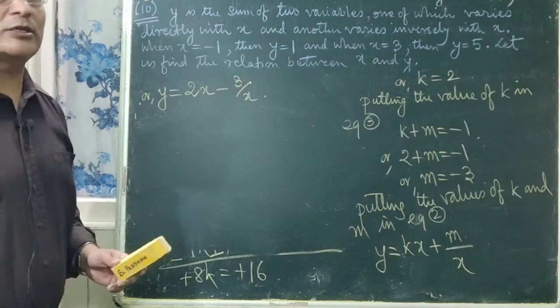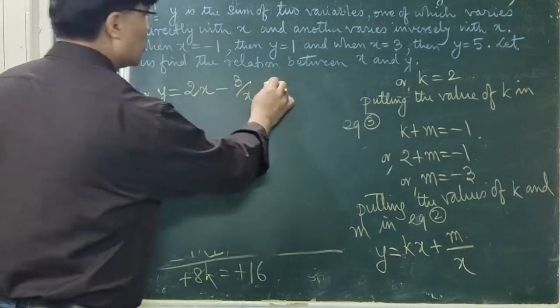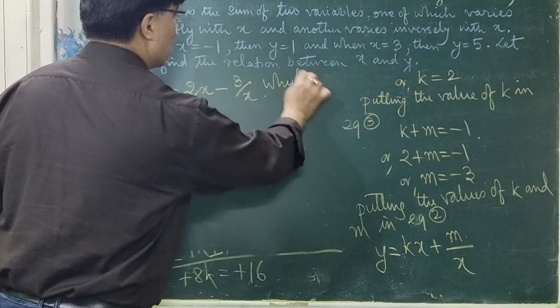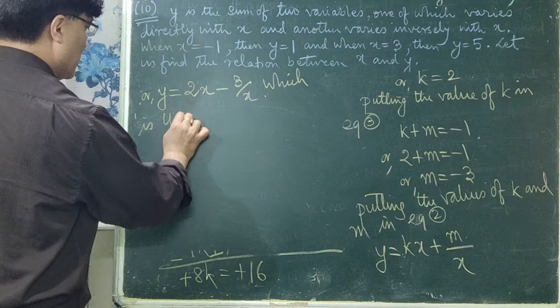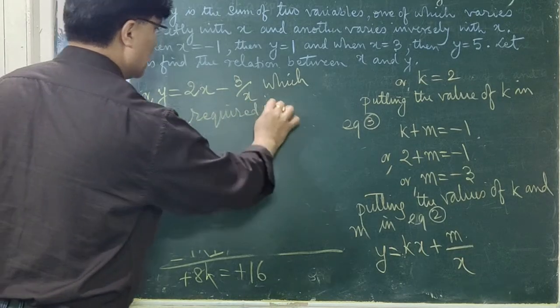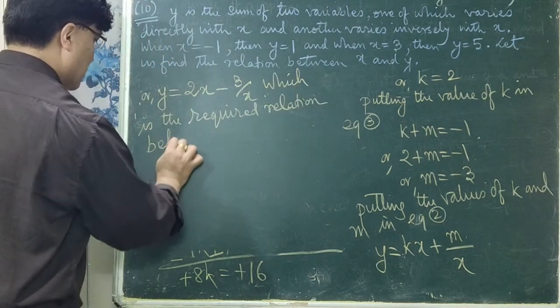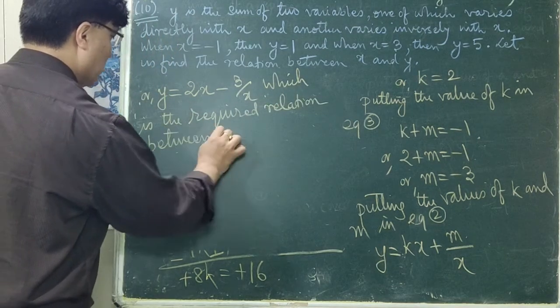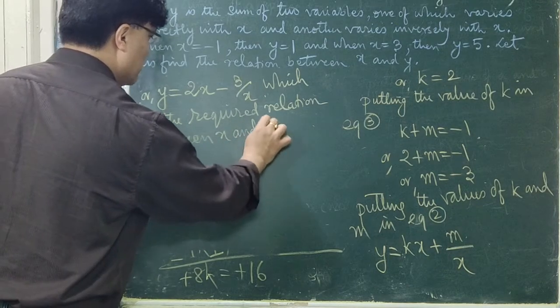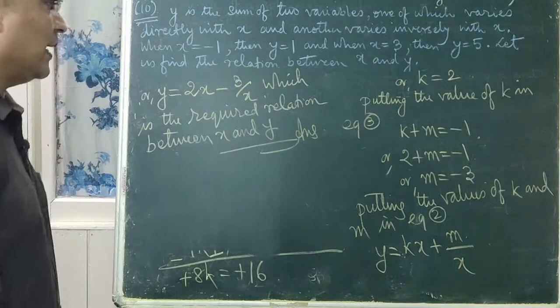This is the required relation between x and y, or the equation in terms of x and y. So this is the final answer.